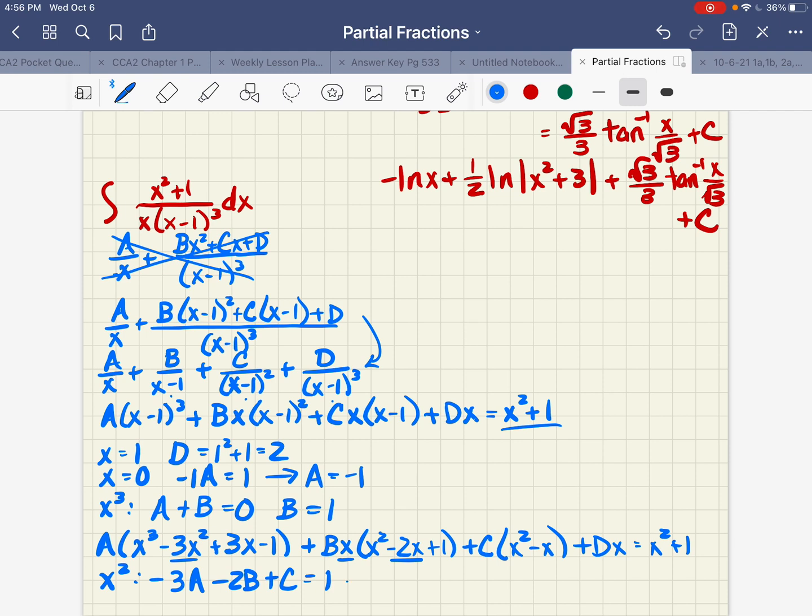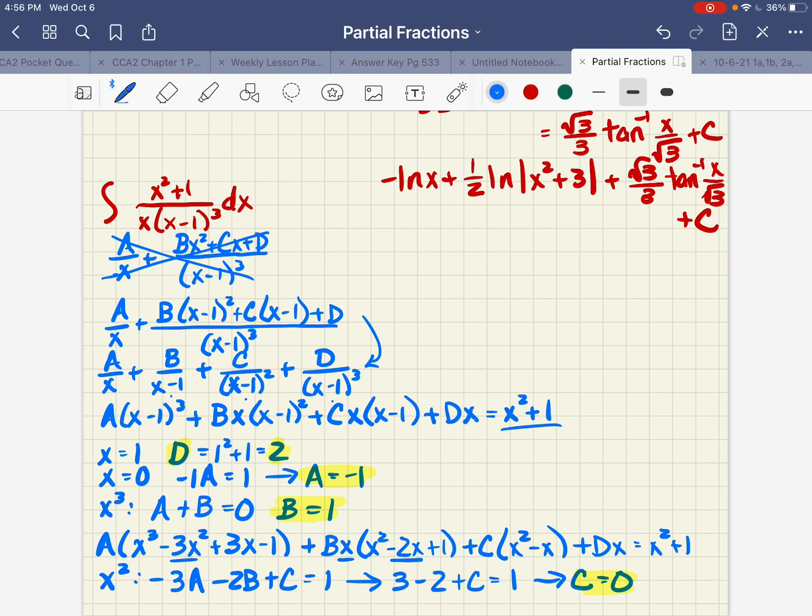Now I've already got a is negative 1, so negative 3 times negative 1 is 3. b is 1, minus 2, plus c equals 1. Oh, well, that's kind of handy. c is 0. Okay, so I've got a, b, c, and d.